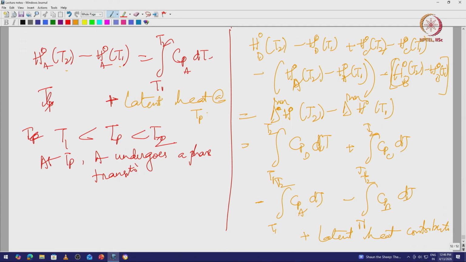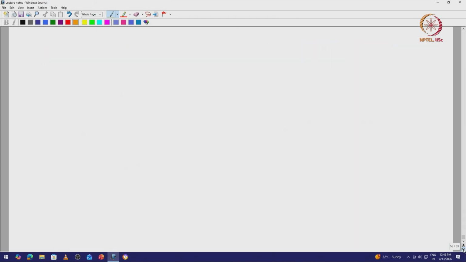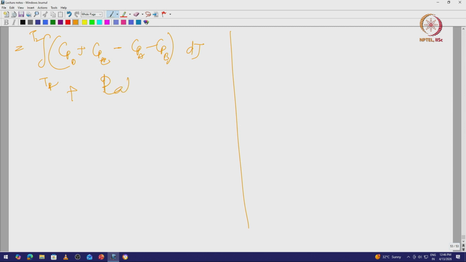Now, that just becomes integral of Cp of D plus Cp of C minus Cp of A minus Cp of B, dt from T1 to T2, plus any sort of latent heat contributions.